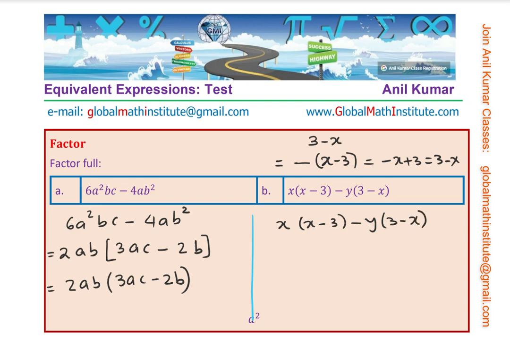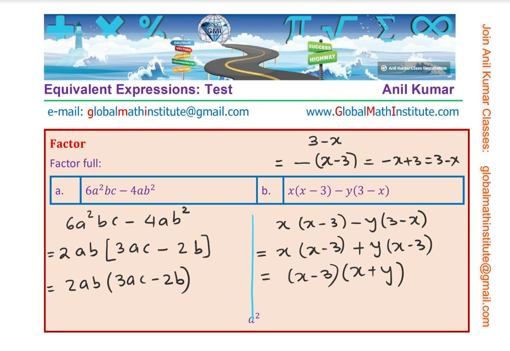Some of you might feel there is nothing common, right? But there is. We could rewrite this as x times (x minus 3), change the sign, negative of negative being positive. So we get x minus 3 again. x minus 3 is a common factor, and therefore we could write this as (x minus 3) times (x plus y). So factoring means writing as a product of two or more polynomials, as we had just done.